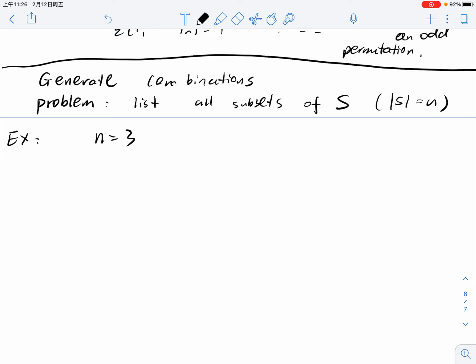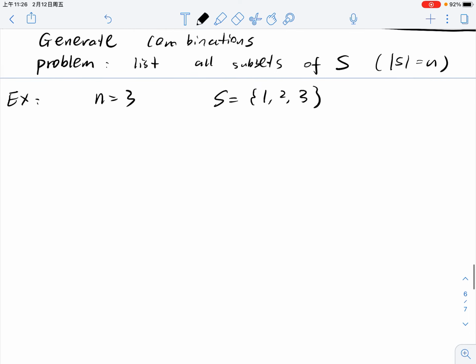Okay, now first let's look at one example. When n is 3, we denote the 3 elements as 1, 2, 3. So how to generate all the subsets? We do the following.